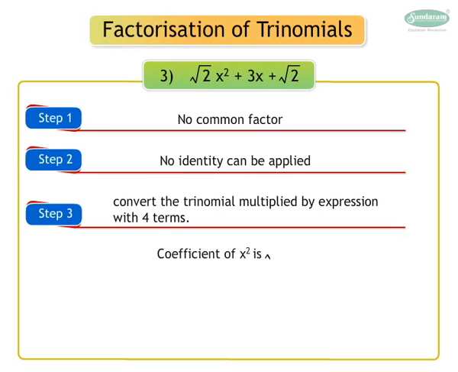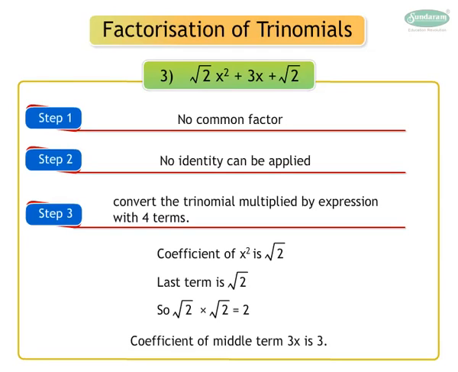The coefficient of x² is √2 and the last term is also √2. Their product is 2. We now factorize 2 so that we get two numbers, whose product is +2 and the sum is +3, which is the coefficient of the middle term, that is 3x.